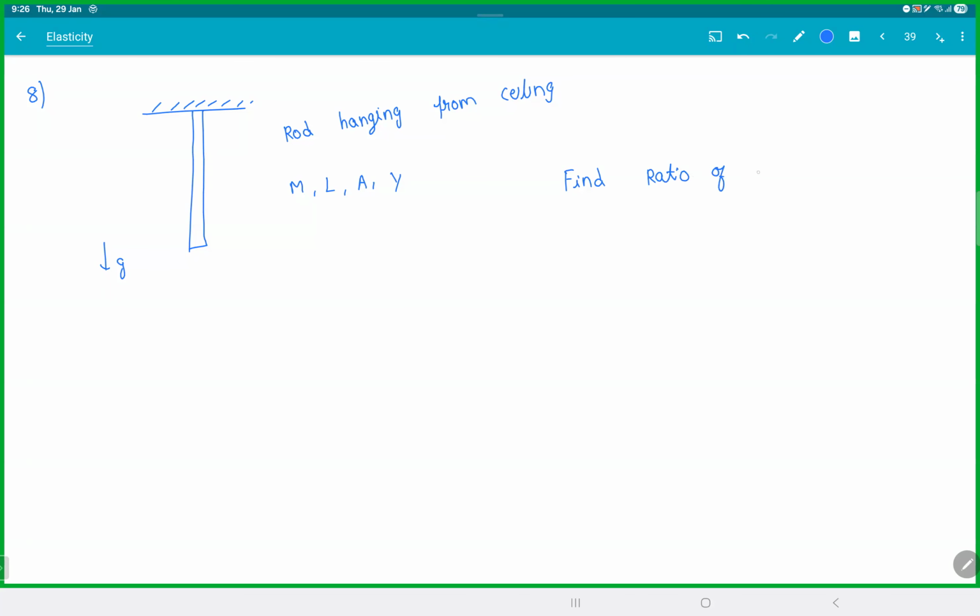Find the ratio of elongation and energy stored. Two different equations, huh? In the upper and the lower half. What is the elongation in the upper half by the lower half? Find the energy in the upper half by the lower half.